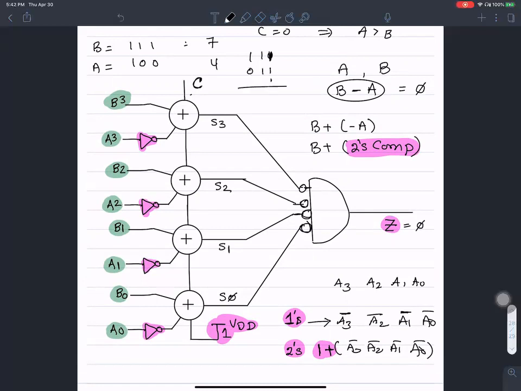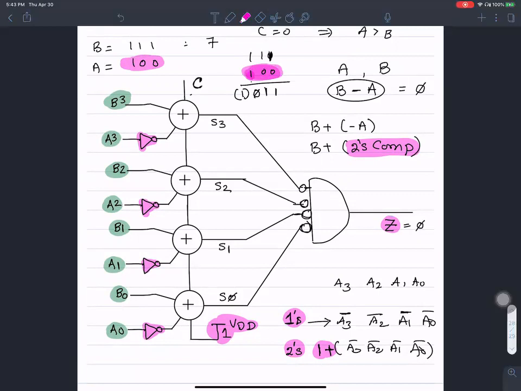You add 1 to it, and it's going to be 101. When you add these two numbers, you end up with 011 and a carry of 1. It just so happens that 100 is the 2's complement of 100 here.